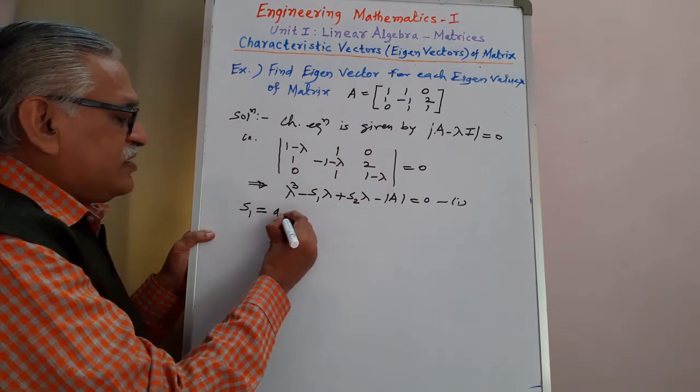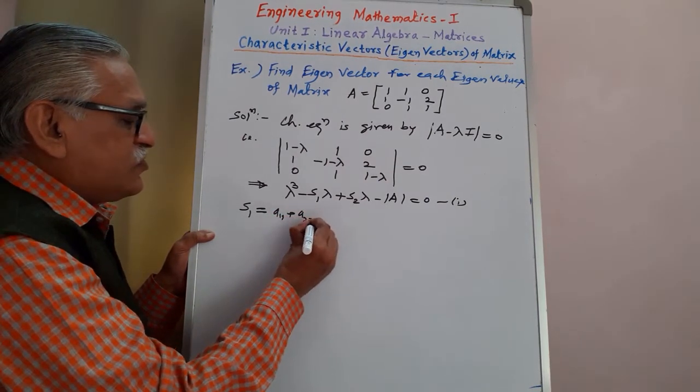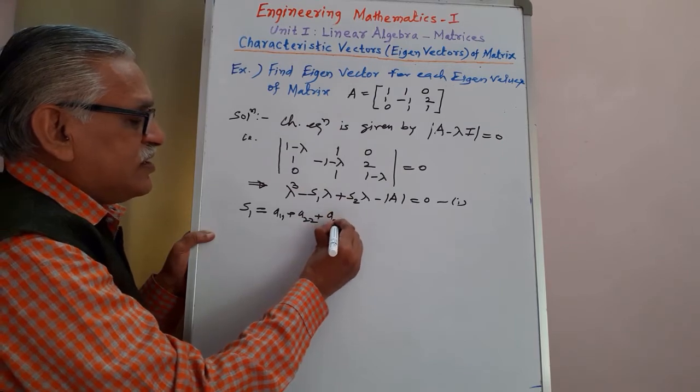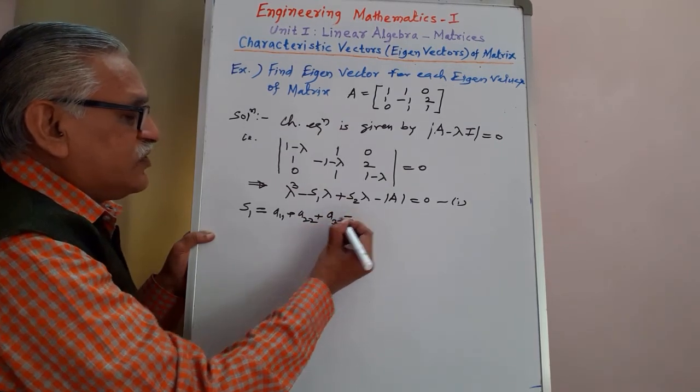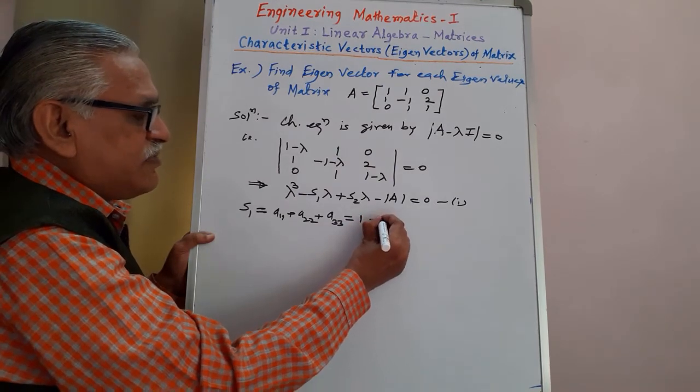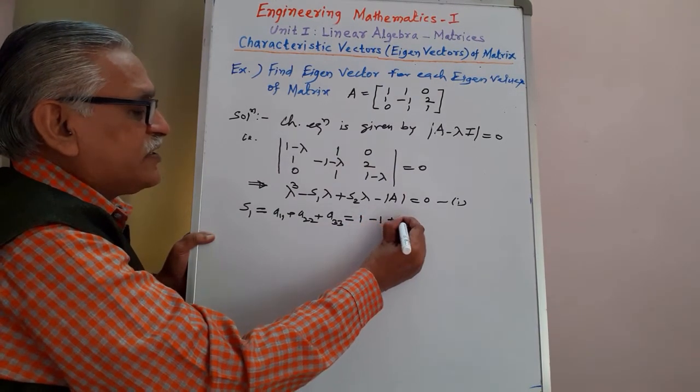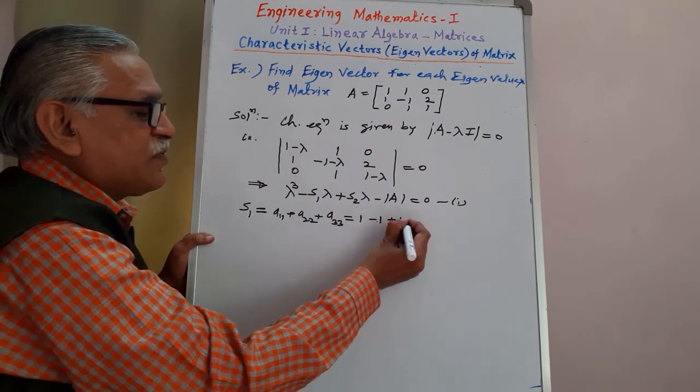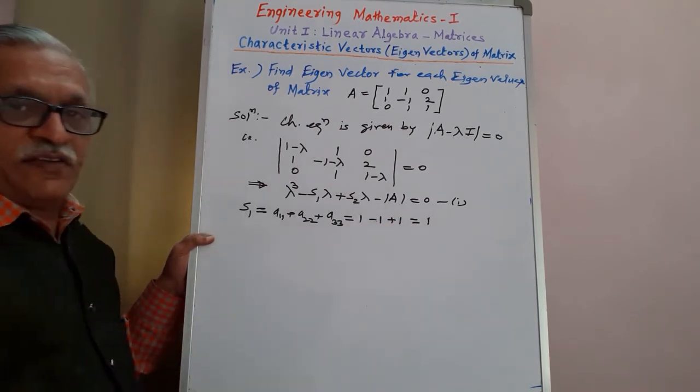It is A11 plus A22 plus A33, which equals 1, minus 1, and 1. 1 minus 1 is 0, 0 plus 1, we get that value as 1.